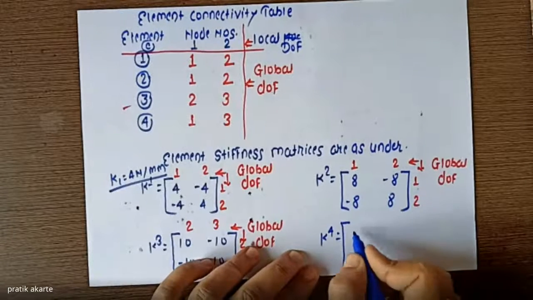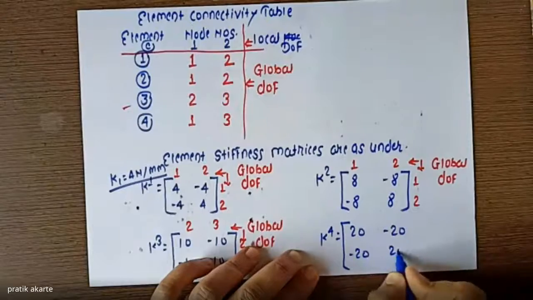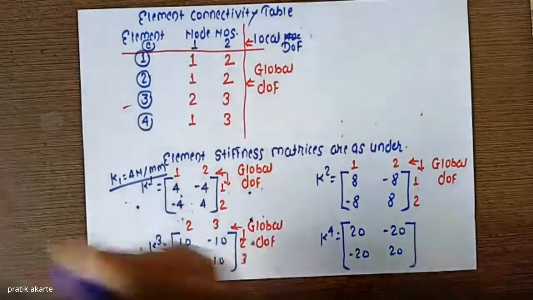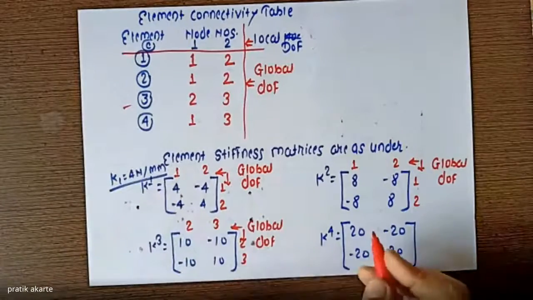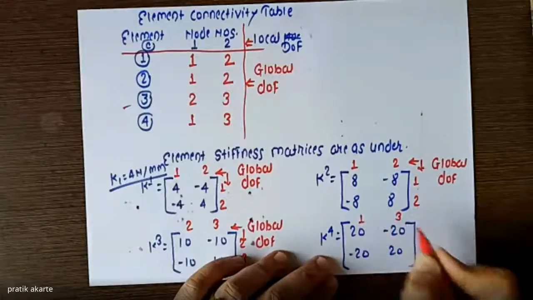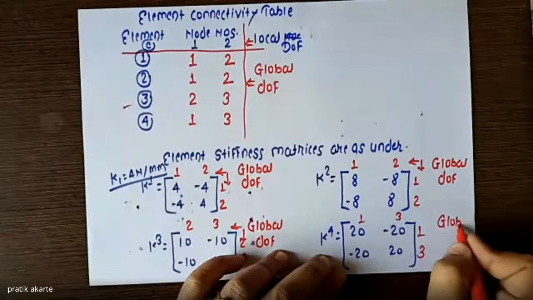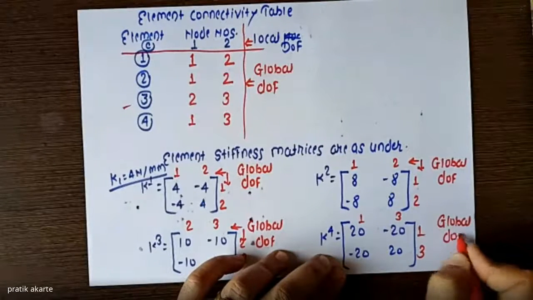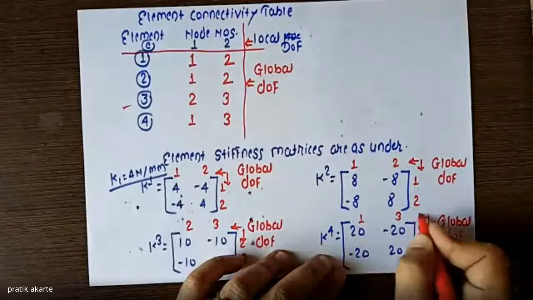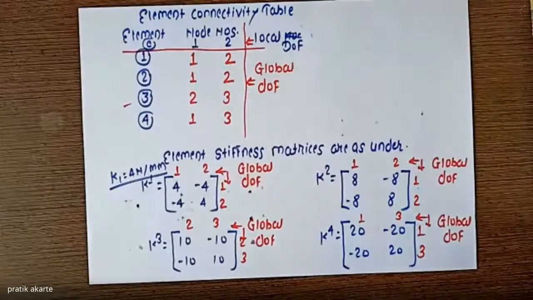So I'm marking it as 20, minus 20, minus 20 and 20. Here the global degrees of freedom are 1 and 3, so it is 1, 3, 1, 3. Once you mark these global degrees of freedom in such a fashion with the help of the element connectivity table, it will be very easy for you to construct your global stiffness matrix.